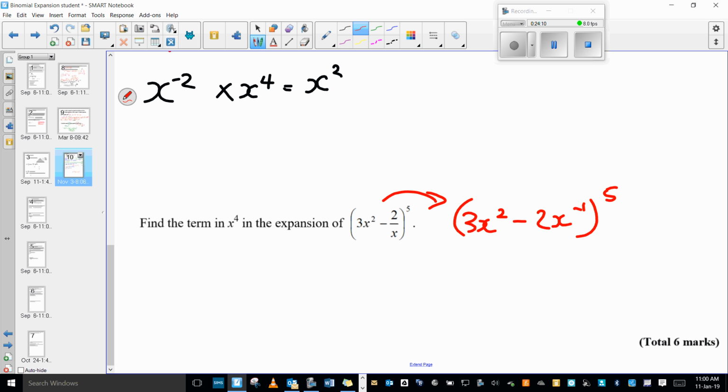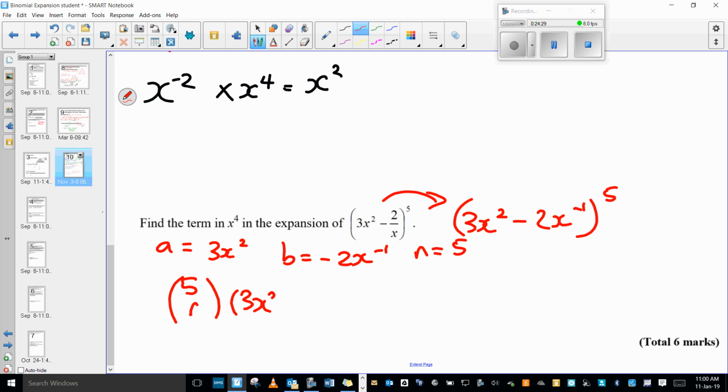So A, in this case, is 3x squared. Excuse me, B is negative 2x to the negative 1. n is 5, so we need to establish the value of r that we need. So it's 5 choose r, 3x squared to the 5 subtract r, and then negative 2x to the negative 1 to the power r.